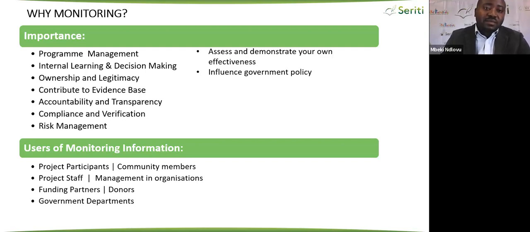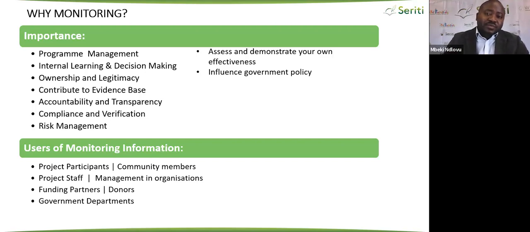I've tried to list some of them, it's not all, but we know that program management is topmost, which is more about the activities and the resourcing of projects. We also know that monitoring helps us to gather evidence and to use that evidence for ourselves to tell stories about the work that we do.